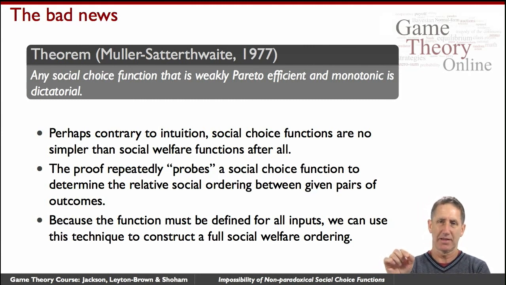Since the social choice function must be defined for all inputs, as we vary the inputs, we can find the total social welfare ordering. So in fact, we can use the social choice function to recover the social welfare function. That's the intuition behind the proof and why social choice functions are maybe counterintuitive or complicated as social welfare functions.